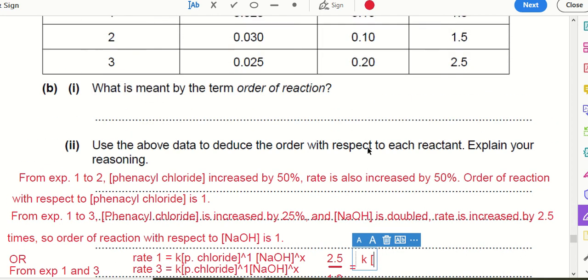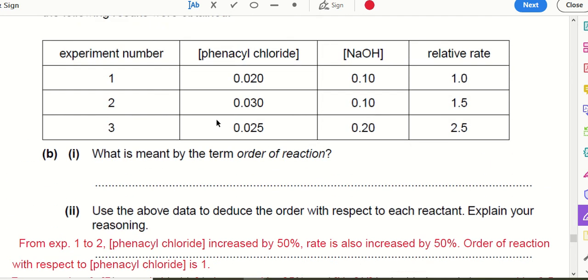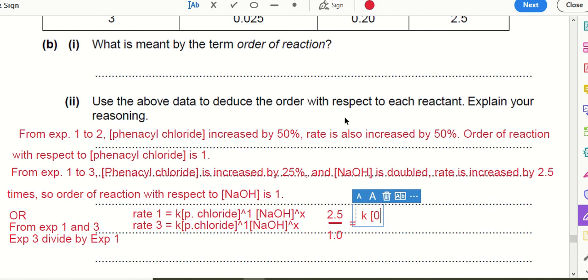So in experiment 3, concentration of phenyl chloride is 0.025 to the power of 1. So I'm not going to write that one. Now I have concentration of sodium hydroxide 0.2 to the power of x.